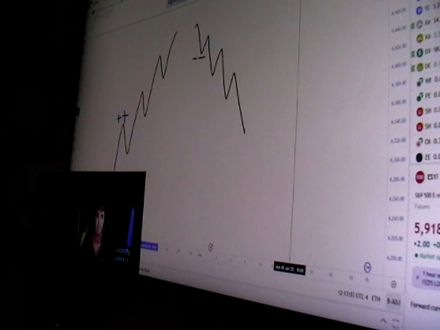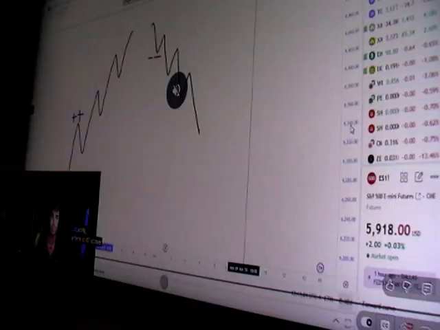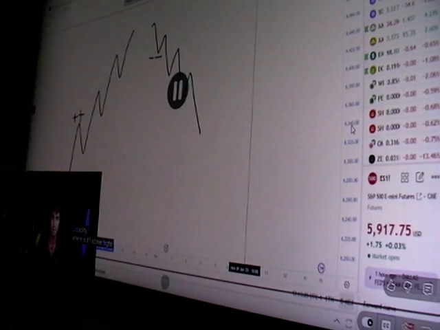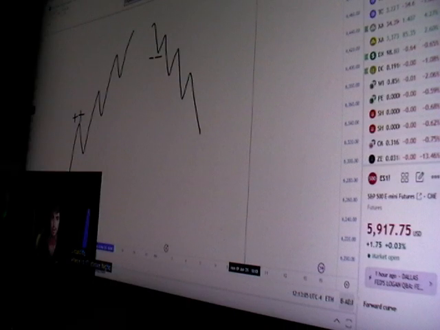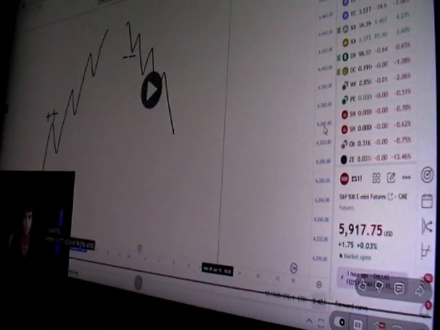Liquidity, where is it? Above highs. Below lows. Boom.